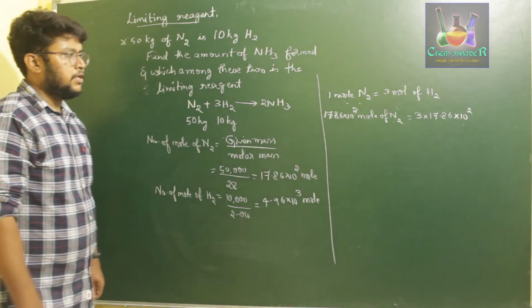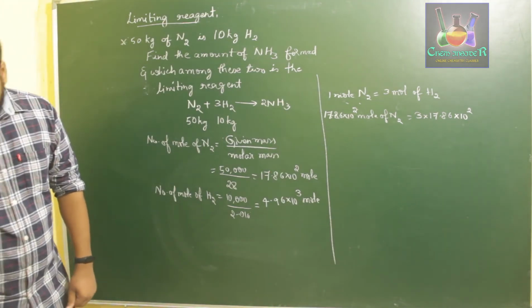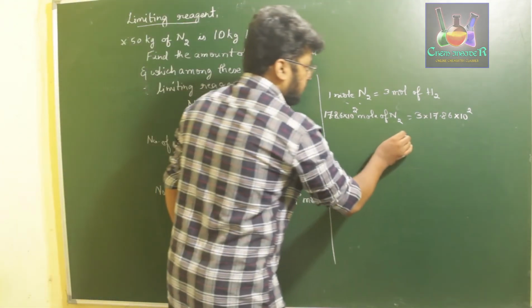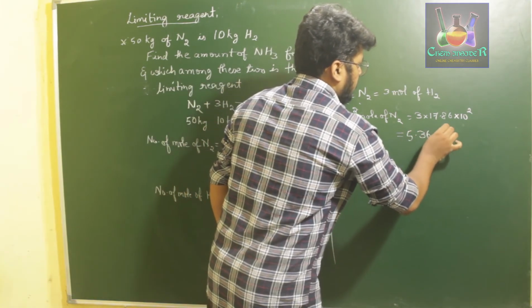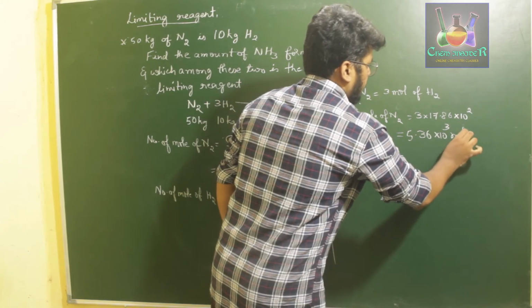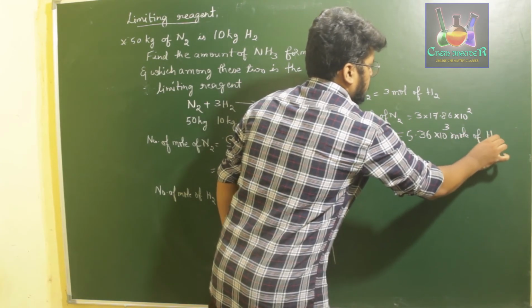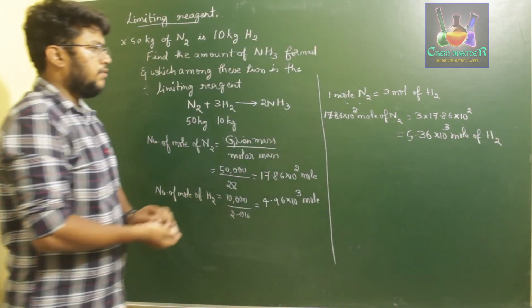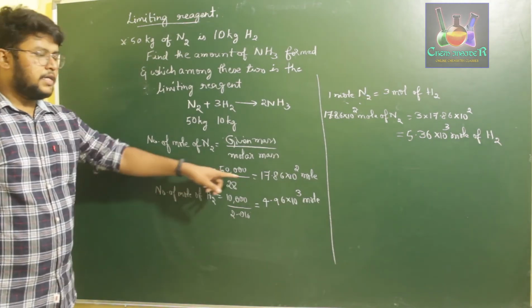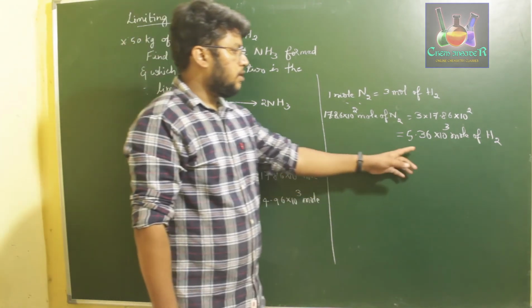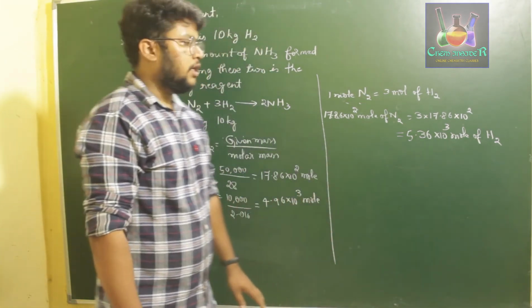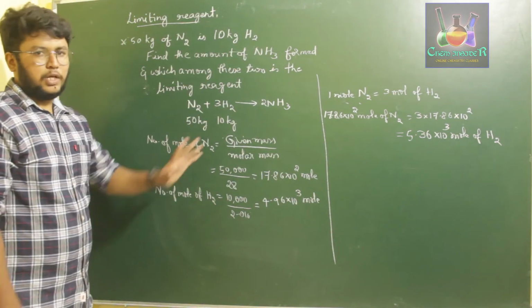On multiplying these two, we get 5.36 × 10^3 moles of hydrogen. So for the given 17.86 × 10^2 moles of nitrogen, we require 5.36 × 10^3 moles of hydrogen to get completely converted to ammonia.